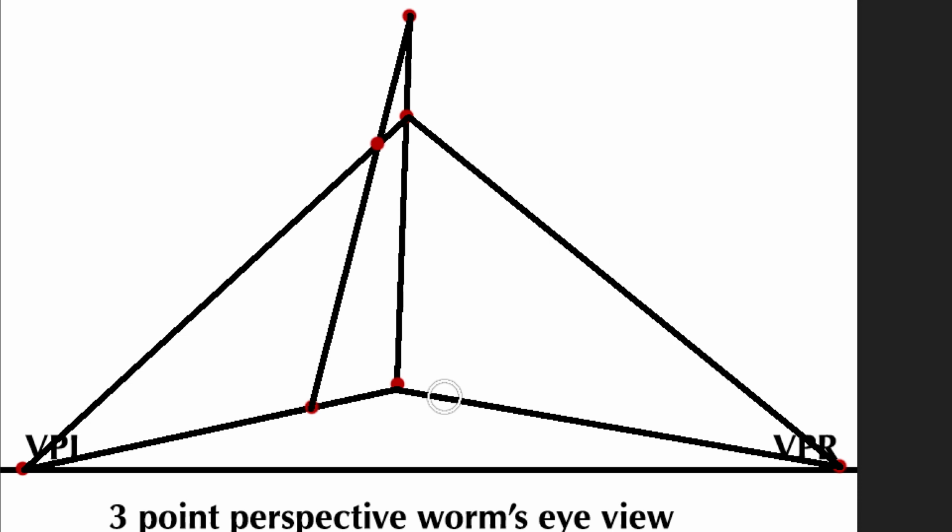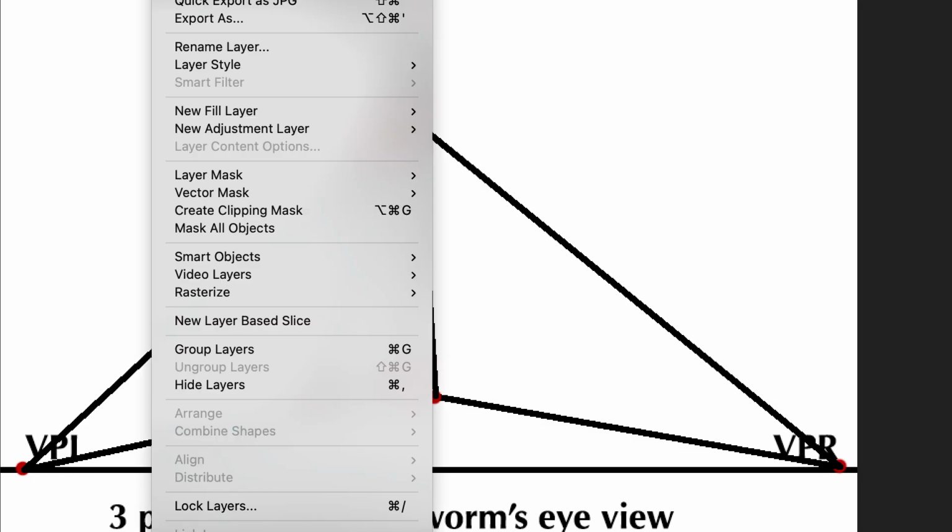I want to create the right side of the structure, so I'm going to create a point there, and then again to my pencil tool and connect point E to vanishing point 3, and that is really critical, that the vanishing point 3 is the main one. I forgot to put VP3. Okay. To flatten my layer, flatten my image.